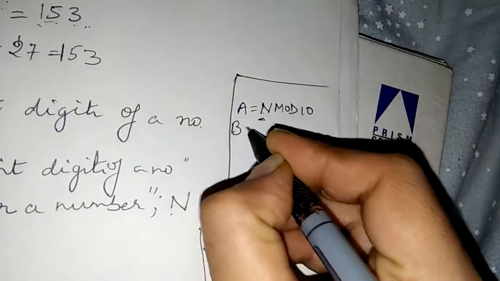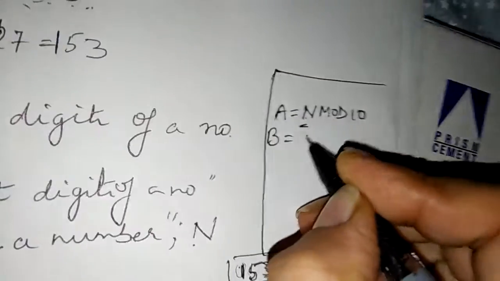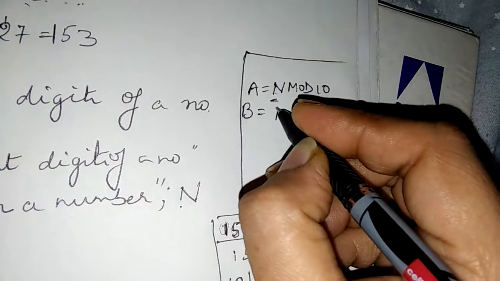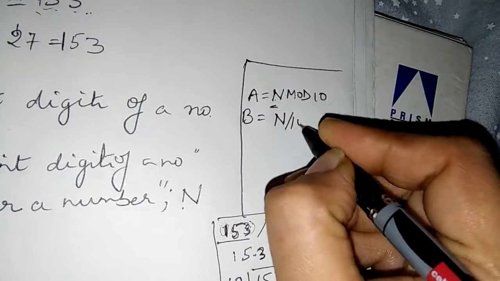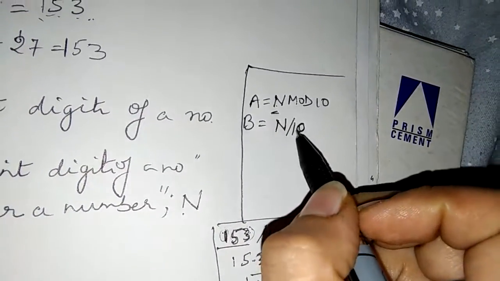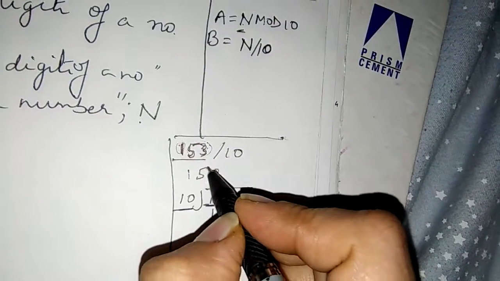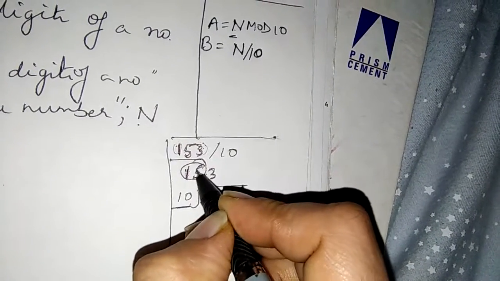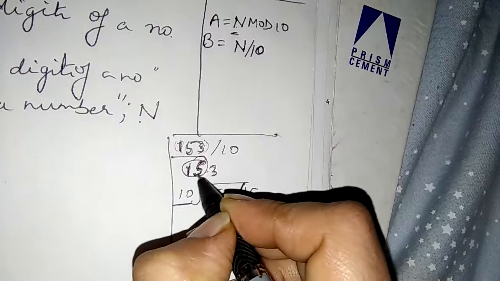Okay, the next thing I have to do, I have to reduce the number. B is equal to N divided by 10. After dividing the number by 10, I will get the integer portion as 15. Okay, so this is what I want.